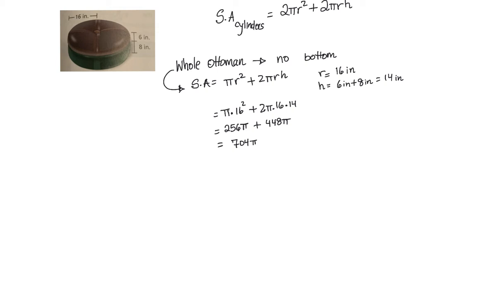Now, in addition to working out the entire ottoman, I also need to work out what is going on with just the green part. Just the green part is actually referring to the lateral surface. It has no top and no bottom, so you are never using the bottom anyway, but the green part is also not included in the top circle.